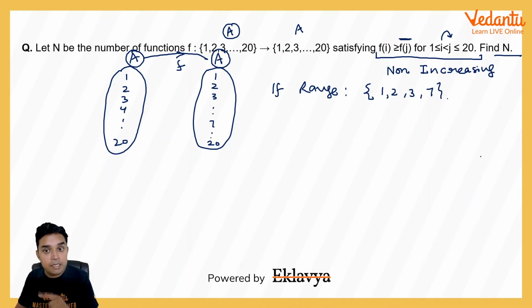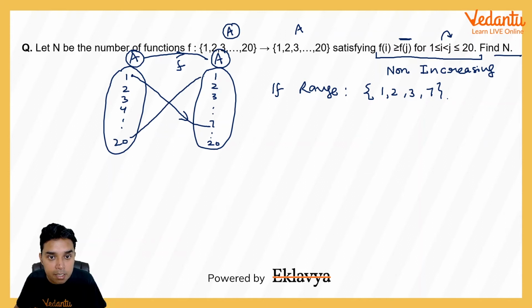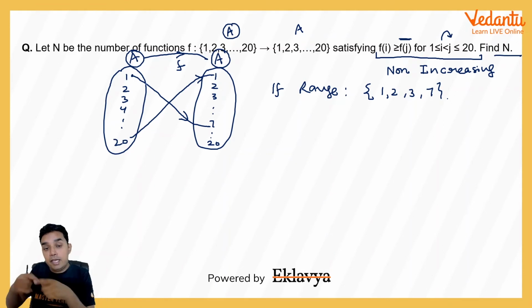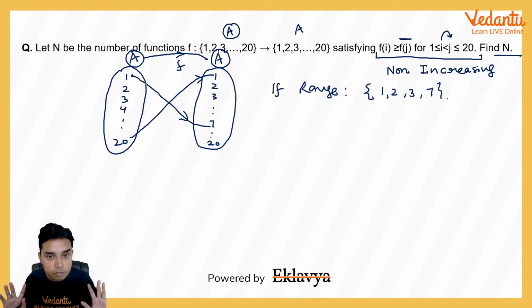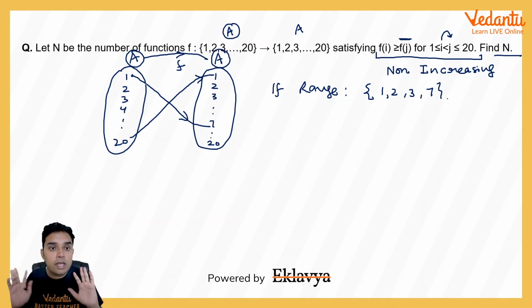then please understand, because it is a non-increasing function, this smallest element of the domain has to be connected with 7, yes or no, if the range is 1, 2, 3, 7. In fact, this 20 will also be connected with 1 because it is non-increasing. So the first element will get the highest possible value, the last element will get the least possible value, and in between you can put accordingly in many possible manners.